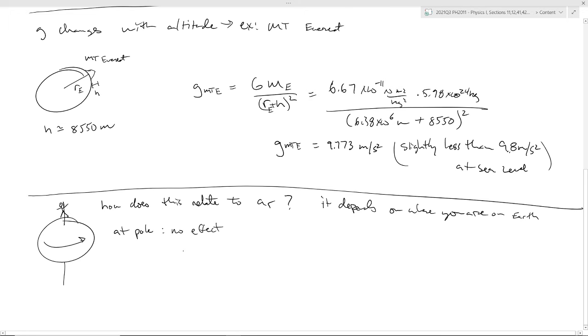So in other words, if you look at this in terms of summing the forces, if you sum the forces in R, you would have the normal force, the Earth pushing you up. I'll draw this a little bit differently here. So at the pole, say, you have the force of gravity that's pulling you down, and then you would have the normal force that's pushing you up.